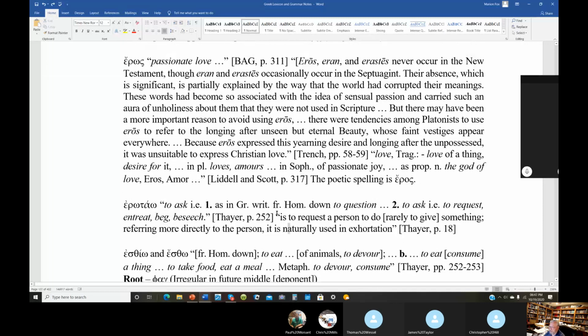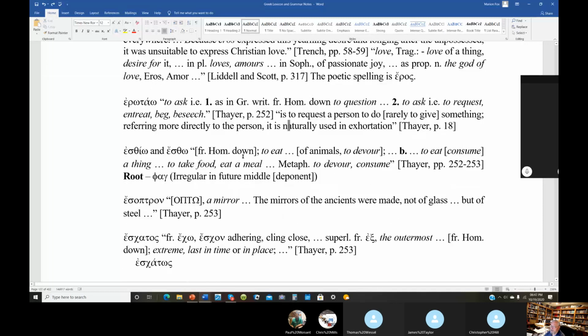There it is. Esthio, and it's also spelled estho. So there are two spellings of it, and that may be just manuscript differences. Two different ways of spelling.